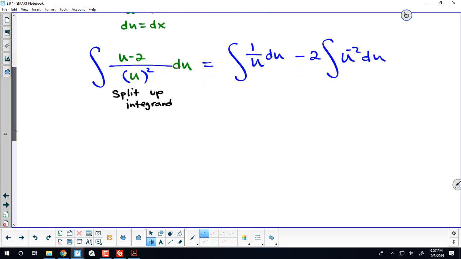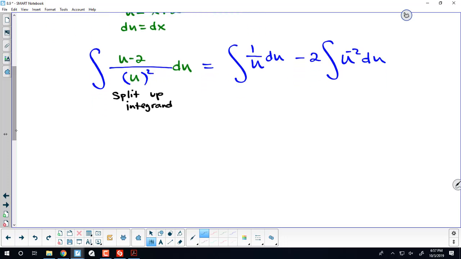So the antiderivative of 1 over u, or u to the negative 1, is what? Right, ln, make sure it's ln of the absolute value of u, just until you know where that thing's at. If it's always positive, we don't need absolute value. And then we have u to the negative 1 over negative 1.